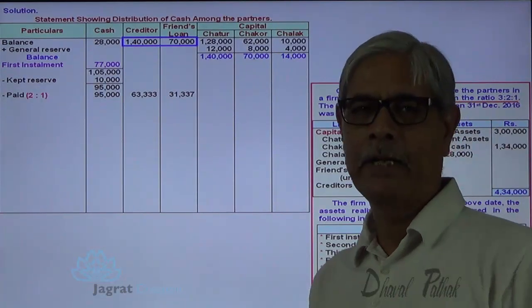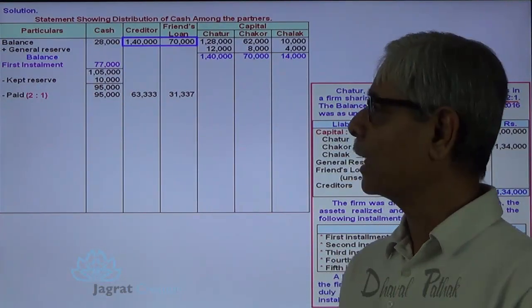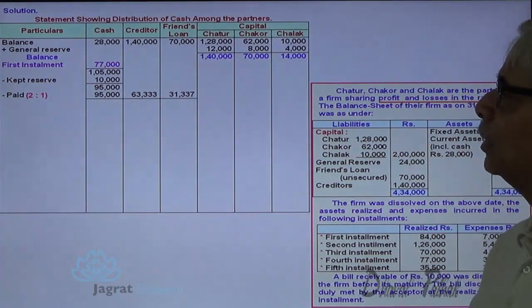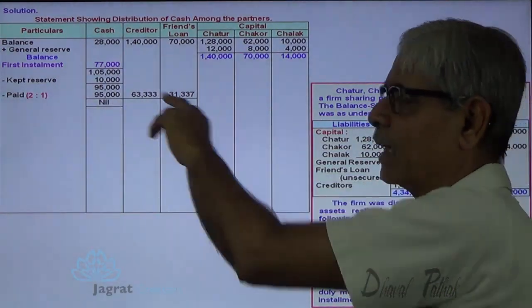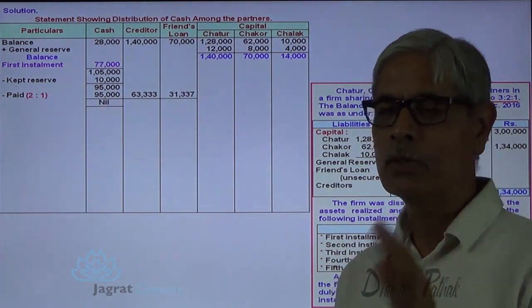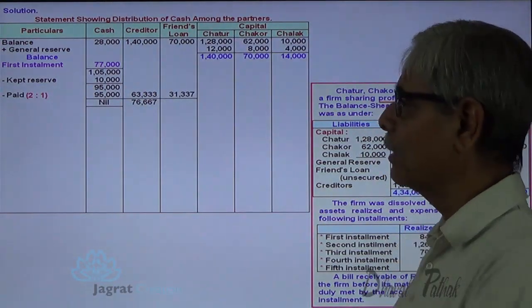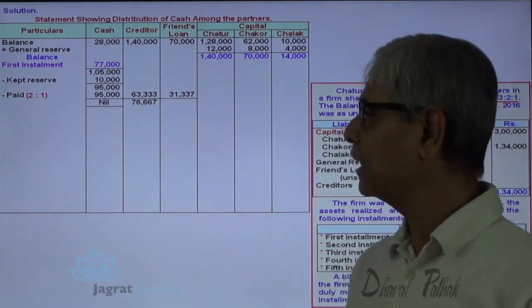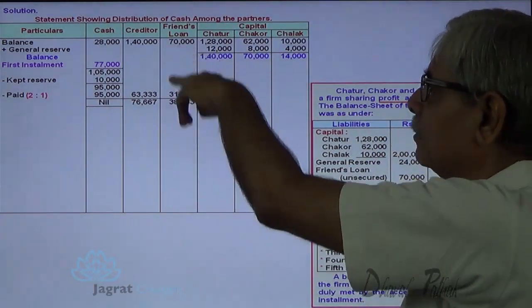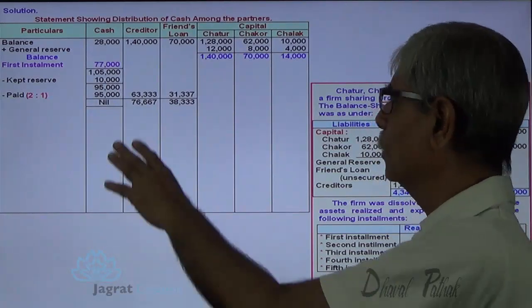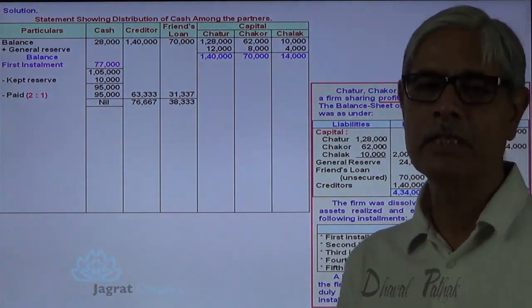The amount is rounded up, so naya paisa are not recorded. Now cash balance available after distribution is nil. This is the amount yet payable to creditors, 1,40,000 minus 63,333. This is the amount payable against friends loan. This is how this first installment is distributed.